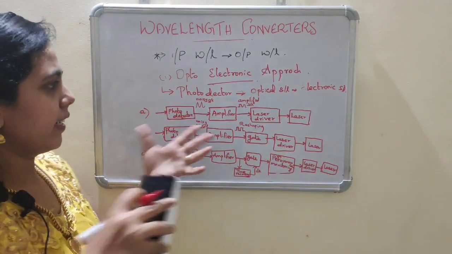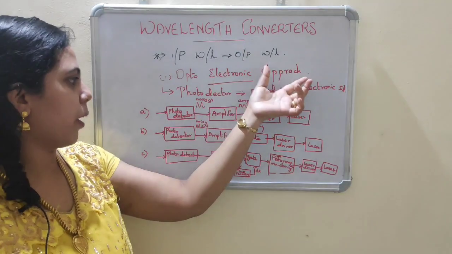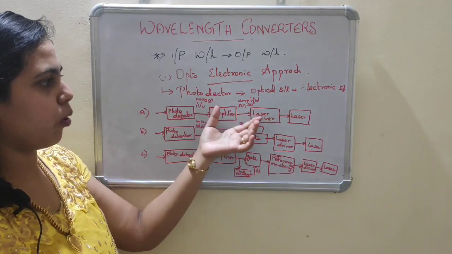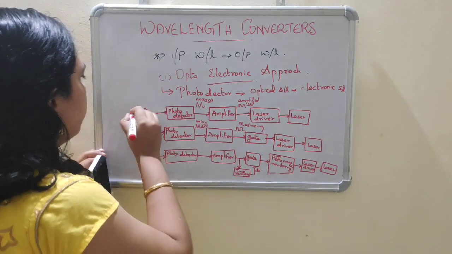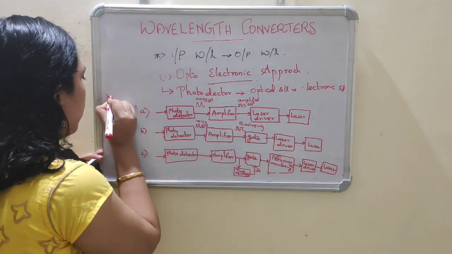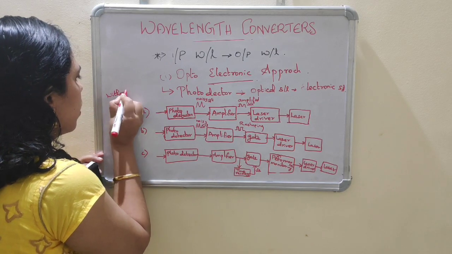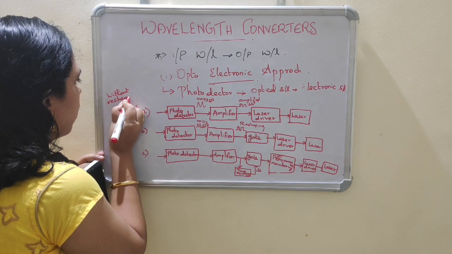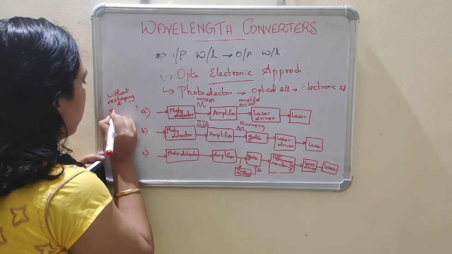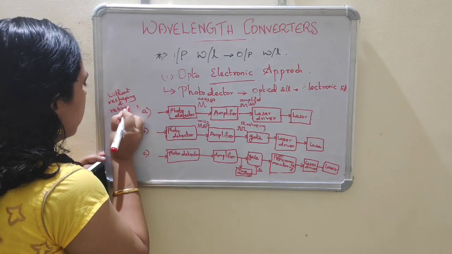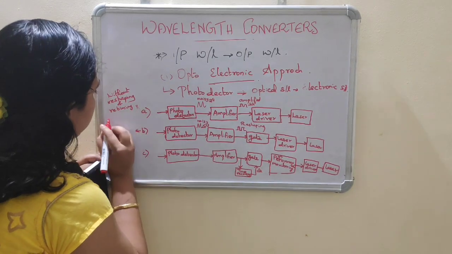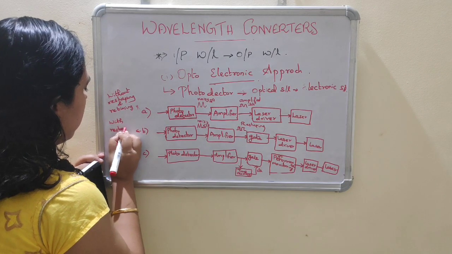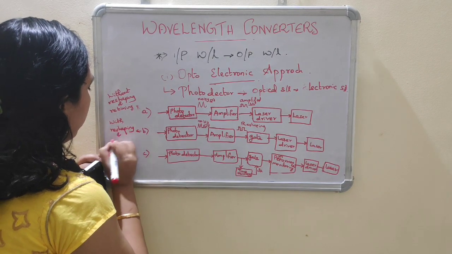There are three main types of optoelectronic approach. First one is without reshaping and retiming. Second one is with reshaping and without retiming.